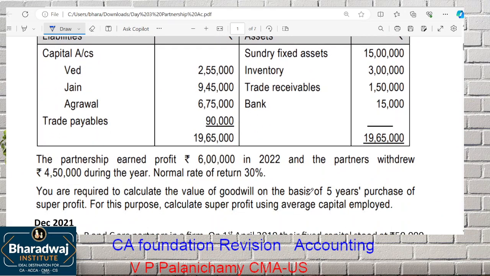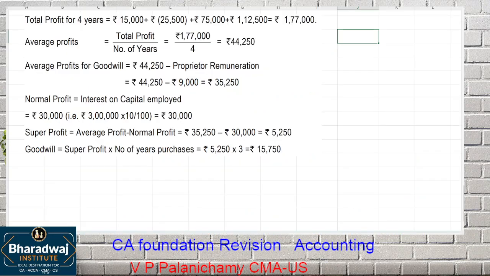Next question. They ask you to find out goodwill based on which one? Average capital employed. What is the closing capital? Add the capital of all the three partners. 18 lakh? Okay.